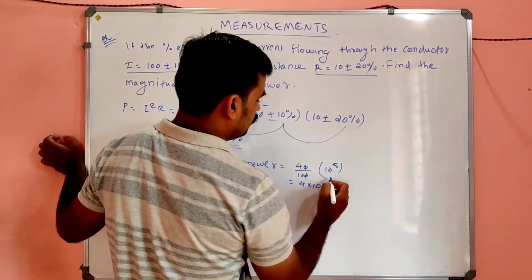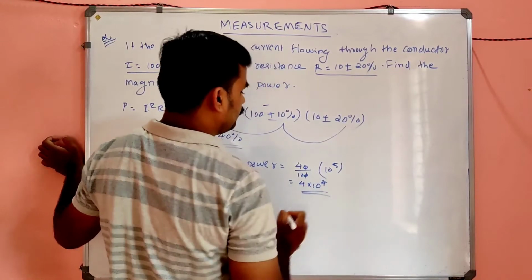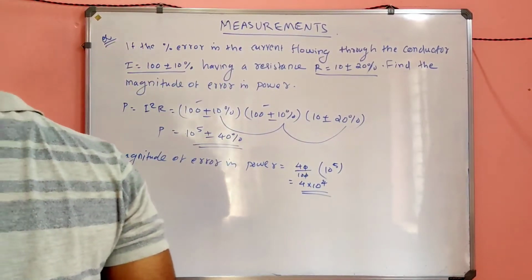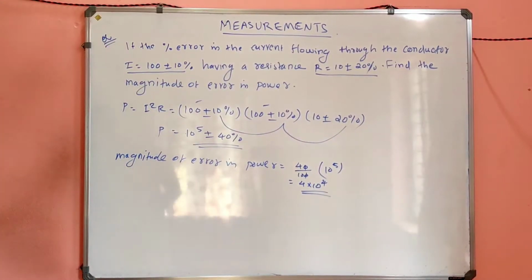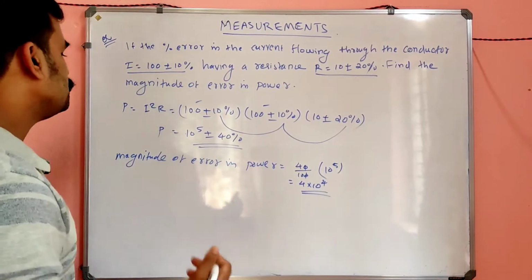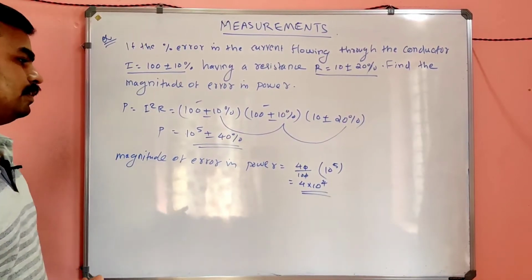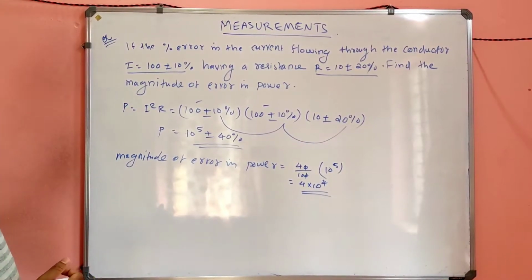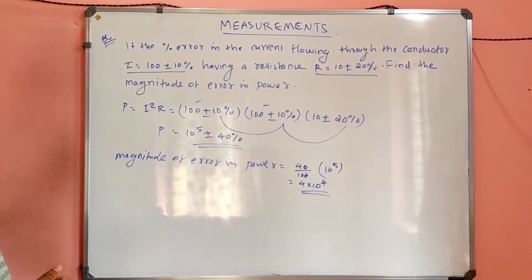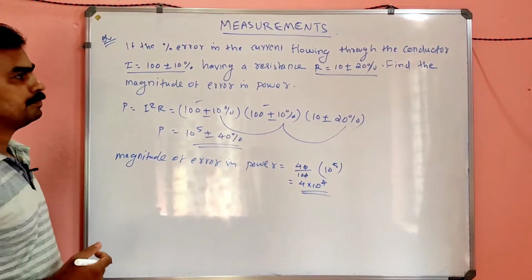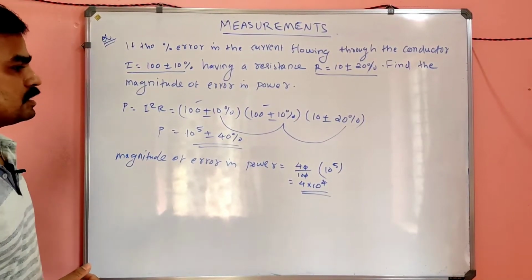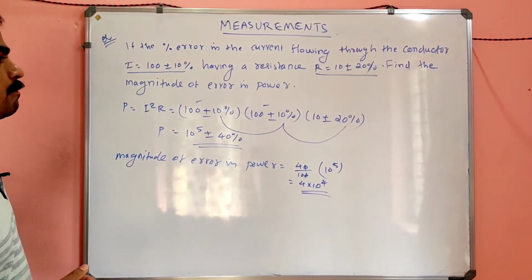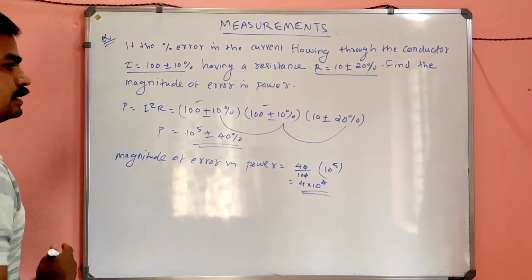So 4 into 10 raised to 4. Okay, so this will be the magnitude of error in power: 4 into 10 raised to 4. Is it clear, my dears? Okay, and let's see the next question.